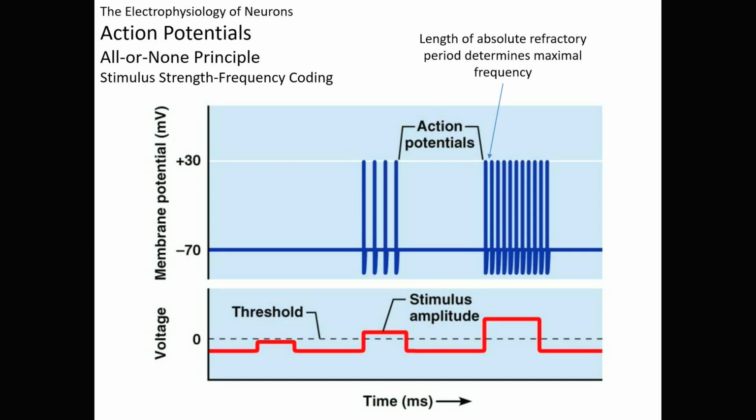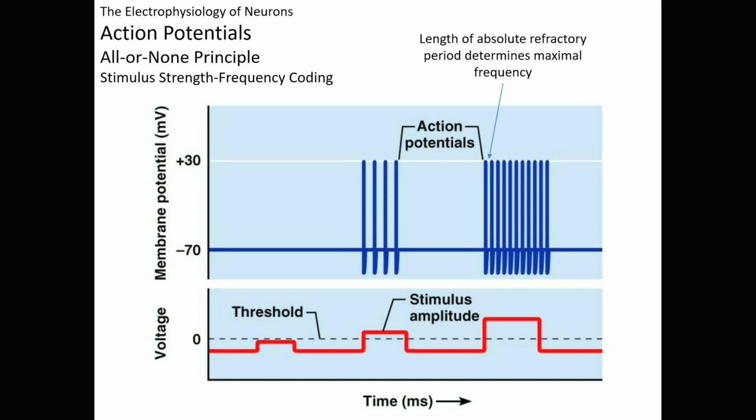Now, one point to mention is that we talked the other day about the absolute refractory period, this period of time during which you absolutely cannot generate another action potential. And as it says here, the length of the absolute refractory period is going to determine the maximal frequency at which we can generate action potentials. So that's one thing to keep in mind.